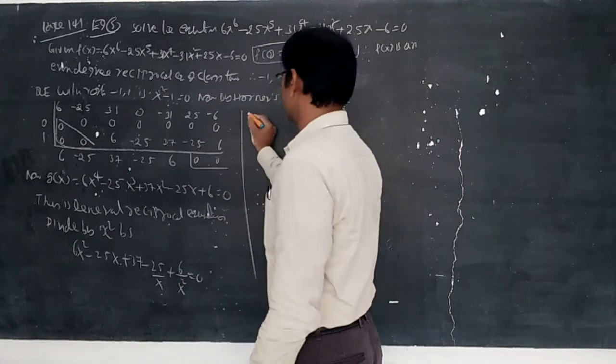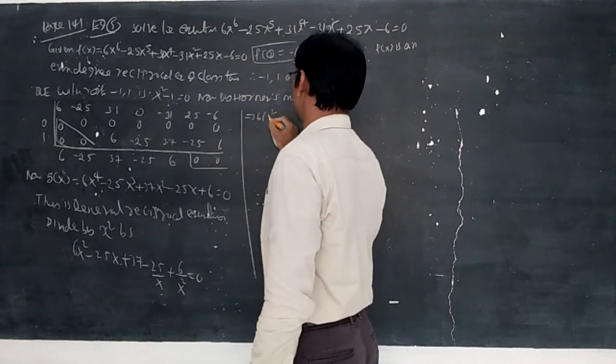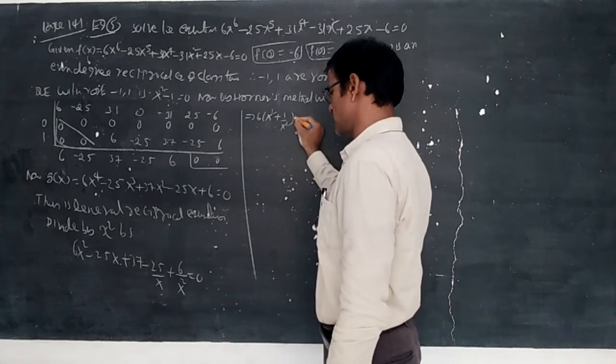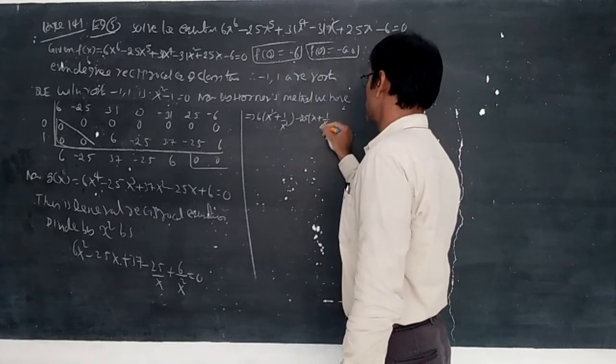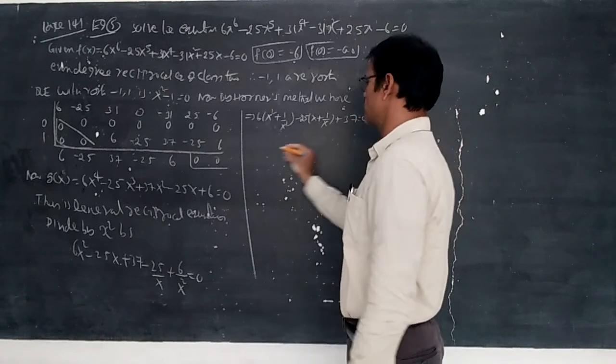Now you can understand that implies 6 into, taken common here, 6 into x square plus 1 by x square minus 25 taken common, x plus 1 by x plus 37 equal to 0.